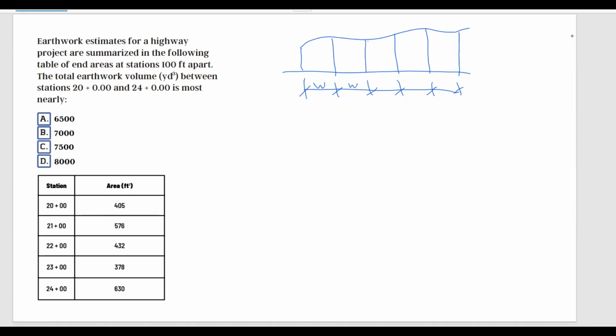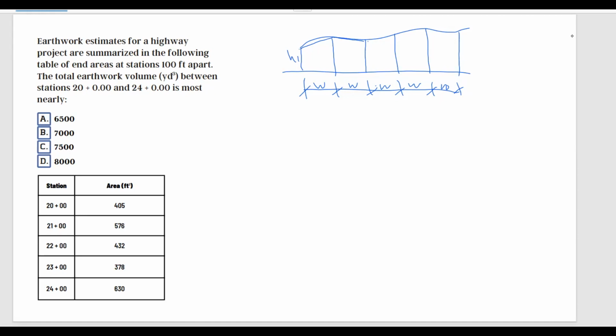In the formula, this distance is lowercase w. And then you have height 1, height 2, height 3, height n. Trapezoidal rule assumes this is a trapezoid, so instead of a curve, you have a straight line here.